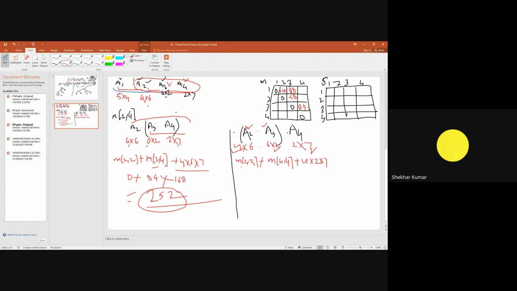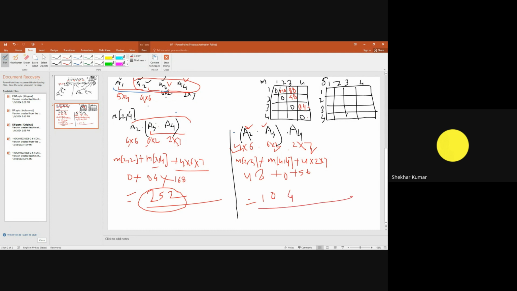The value of M[2,3] is 48, plus M[4,4], which is 0, plus 4×2×7, that is 56. So the cost is 104.